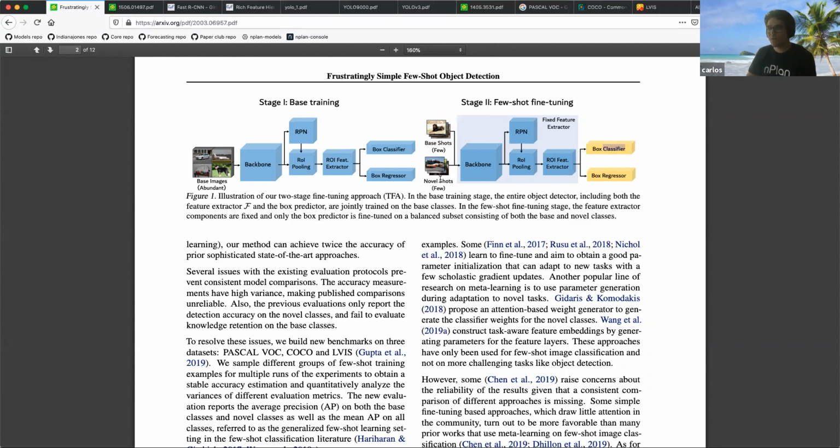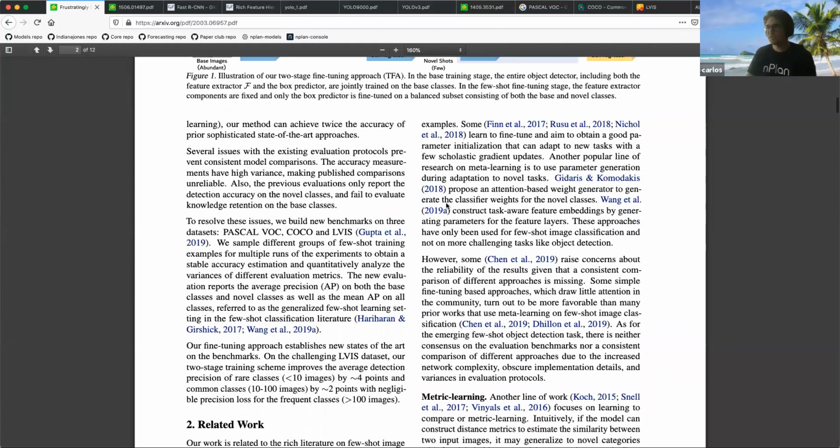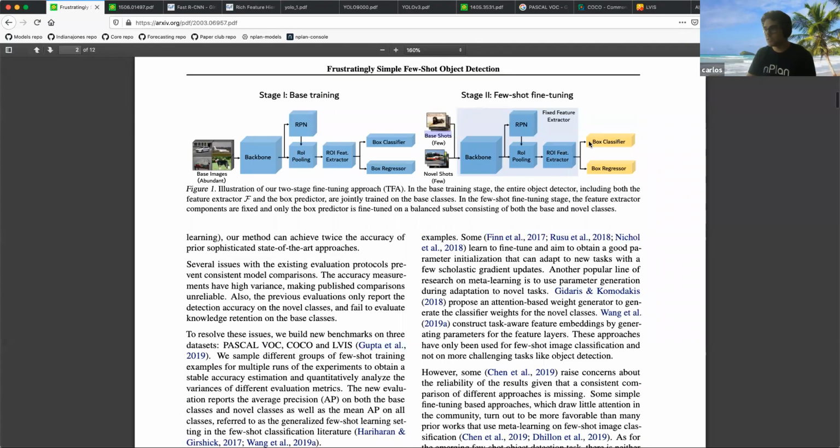And that uses a balanced data set with the novel data, which are all the objects with few examples, and some of the base images, but it is a balanced data set.